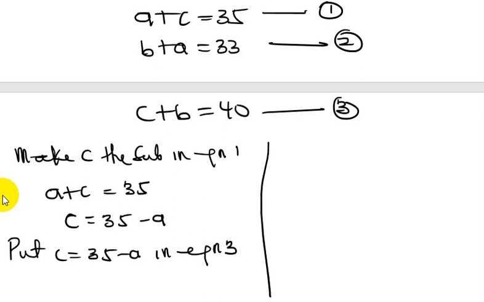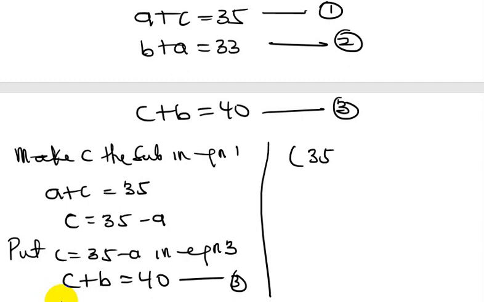Now what does equation 3 say? Equation 3 says C plus B equals 40. So if I put the C at where I see C in equation 3, I'm going to get 35 minus A plus B being equal to 40.